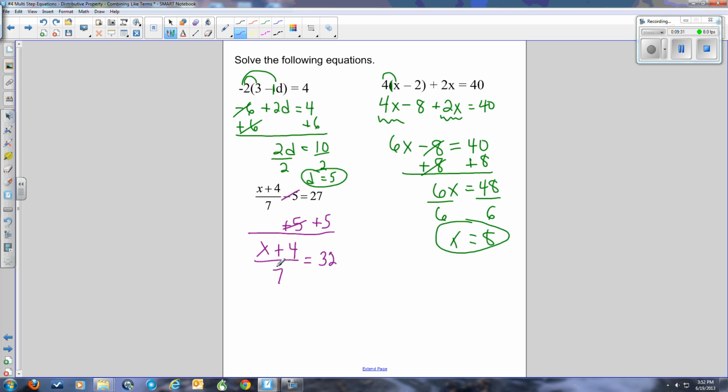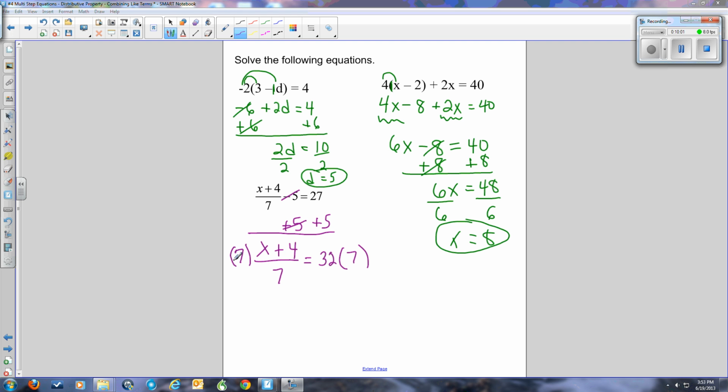Because the 7 is the denominator for this entire expression, we've got to get rid of it first before we can get rid of this positive 4. Because really, that's like having 4/7, and this is like having x over 7. And so since that entire expression is being divided by 7, we want to do the opposite and multiply each side by 7.